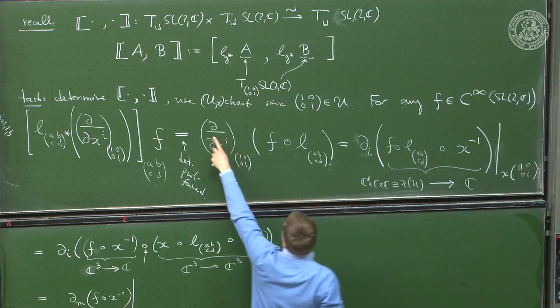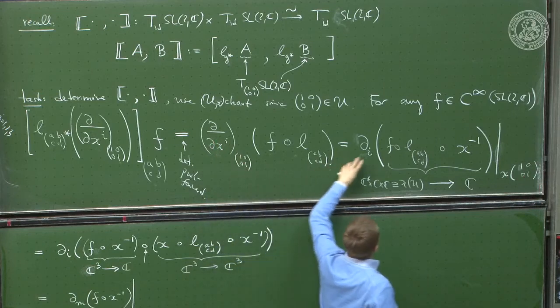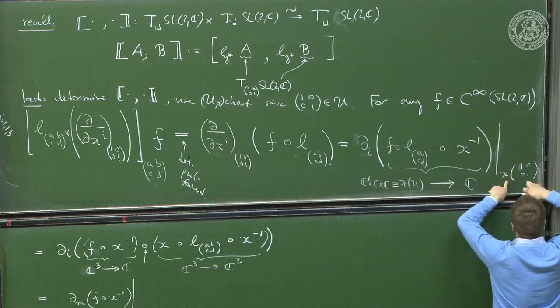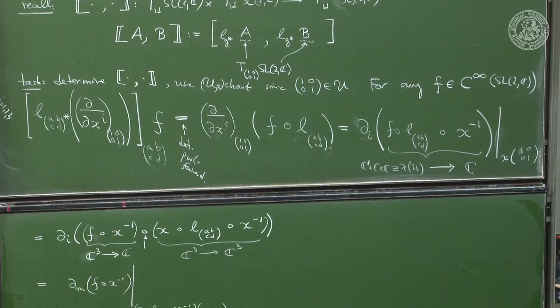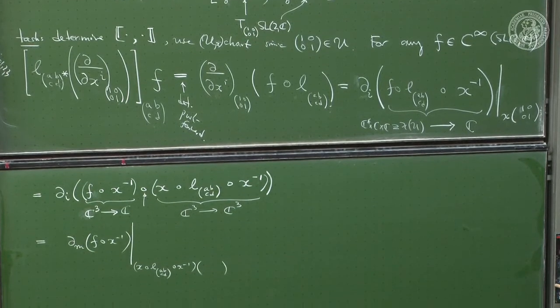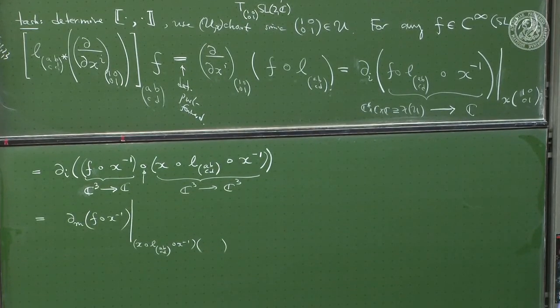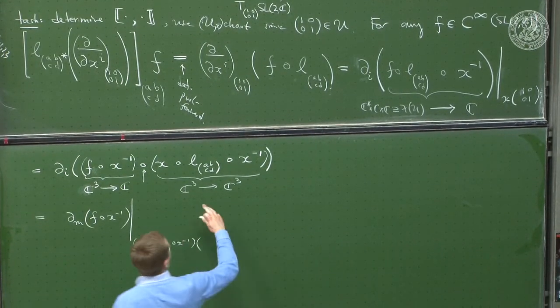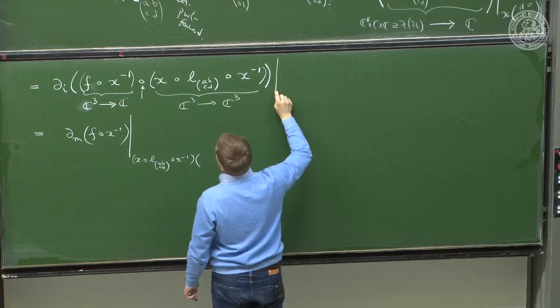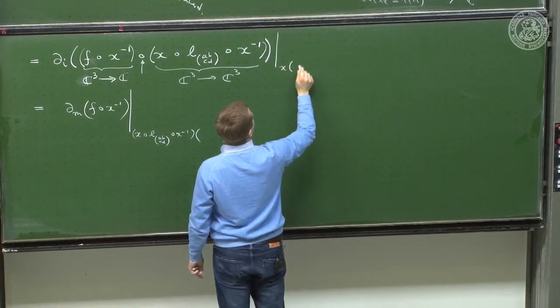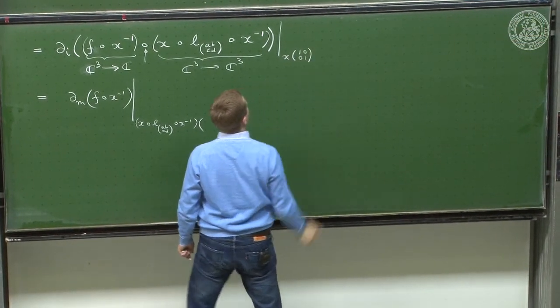If there's a del by del xi at the point P, then this is evaluated at, in the chart, the coordinates of that point. Agree? So it's at that point. And so here it must say all of this is evaluated at the point x of 1, 0, 0, 1.